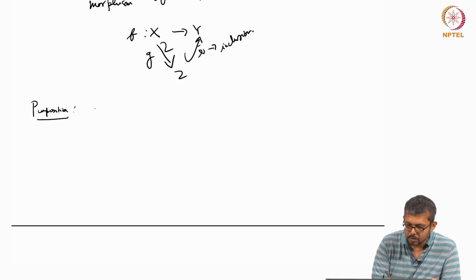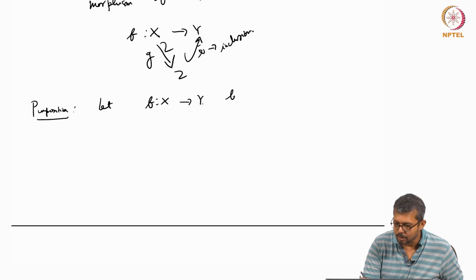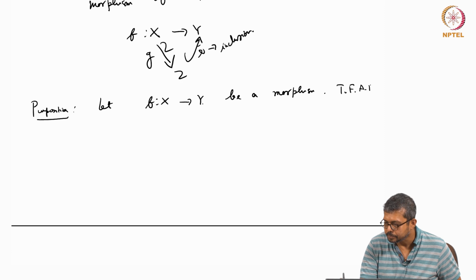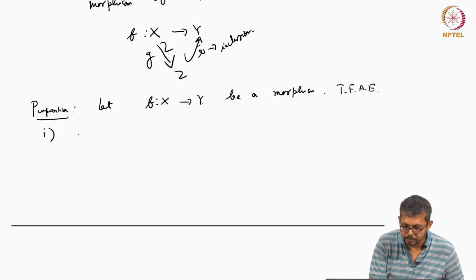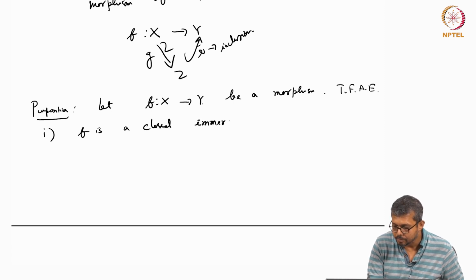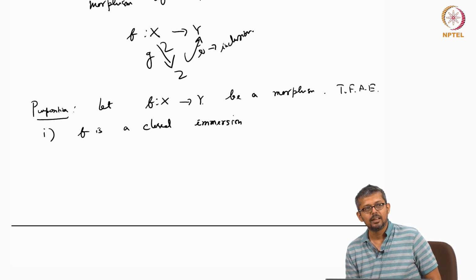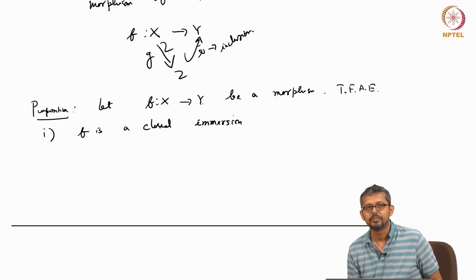So let f from X to Y be a morphism, then the following are equivalent. F is a closed immersion. See, what is the natural example of a closed immersion? For an affine variety, any closed subvariety is a closed immersion.